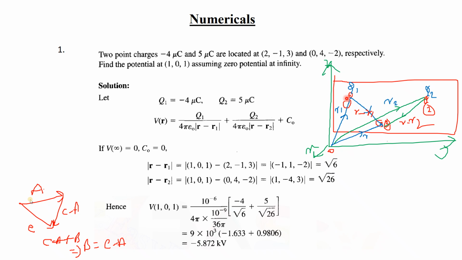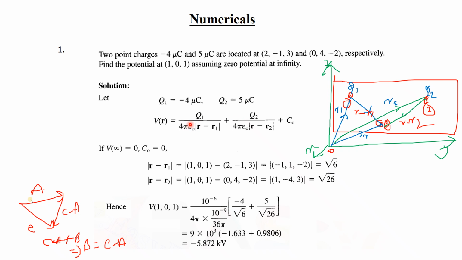So now we will concentrate on finding the potential. Potential at point 3 will be the potential due to charge Q1, plus the potential due to charge Q2, and if there are n number of charges, the potential due to all the charges at that particular point will be calculated and then added to find the total potential. So it is cumulative.